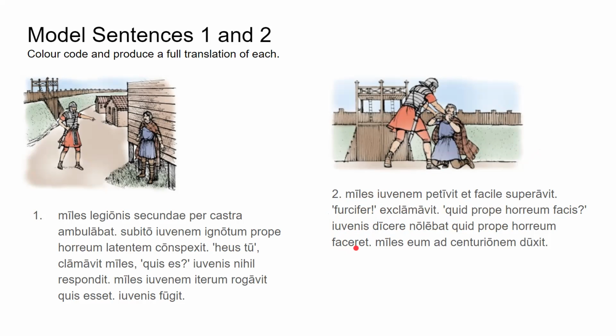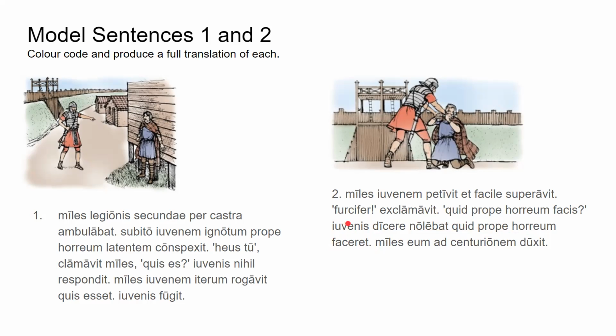This is a pretty complex sentence right here. So the Juvenis is our nominative subject. Then we've got an infinitive here, so we have to hold that in our minds. And then we have nolebat, he was not wanting. So the youth, to speak, he was not wanting. Literally what it says, left to right. So we would say the youth did not want to tell quid, what, and then prope horreum, near the granary, faceret, imperfect subjunctive, he was doing.